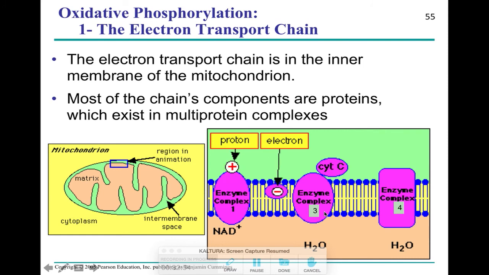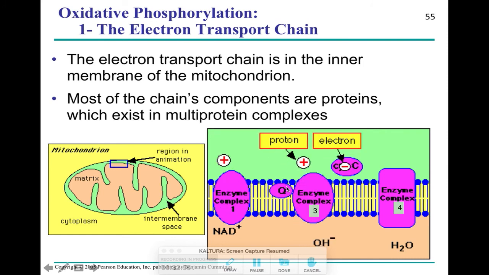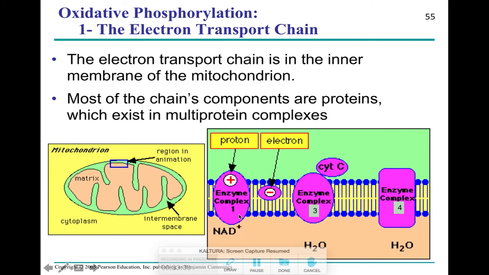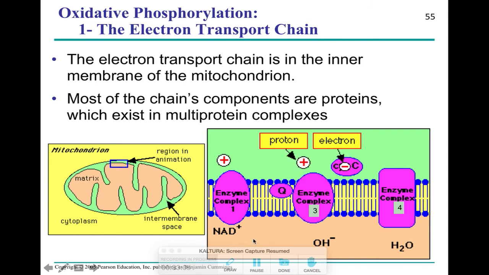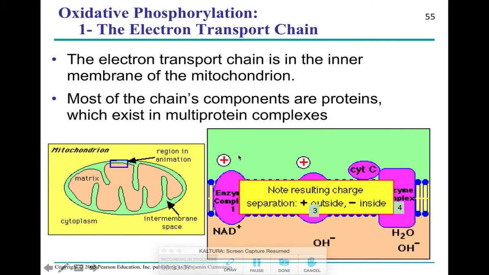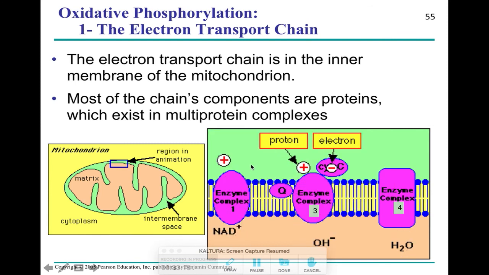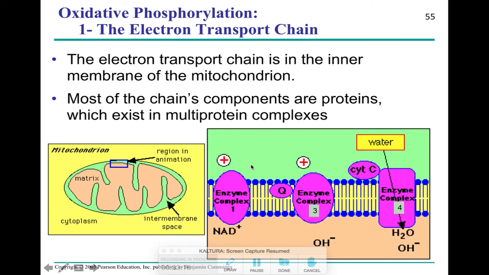Did you notice one thing? When electrons are jumping, they're releasing energy, and that energy is used by enzyme complexes 1 and 3 to push the hydrogen ions from the mitochondrial matrix through them into the intermembrane space. This green area is the intermembrane space.